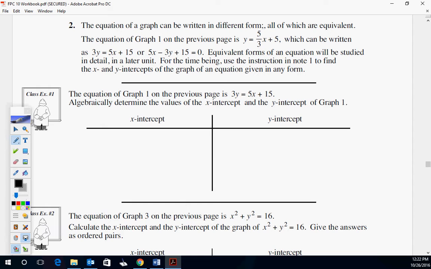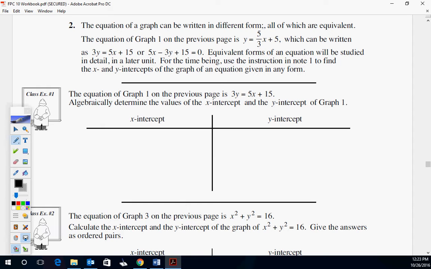So this is equivalent, means equal, to these two. They times everything by 3 to get rid of that 3 because it's a fraction. So if I times that by 3, that's 3y. Times this by 3, it's just 5x now. That cancels. 5x. If I times that by 3, it's 15. Okay, so times everything by the denominator to get rid of the fractions.